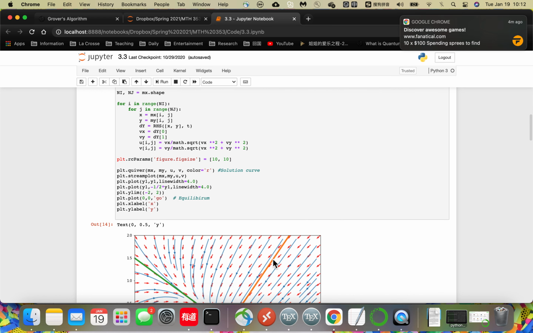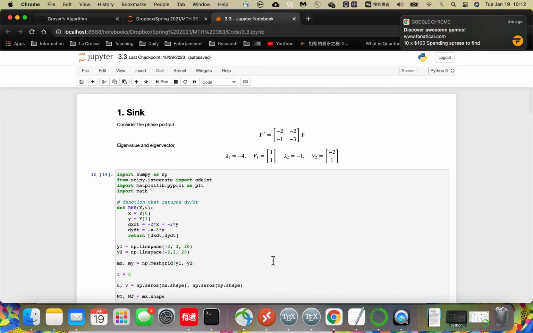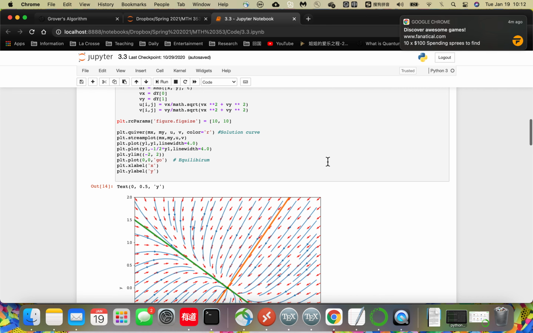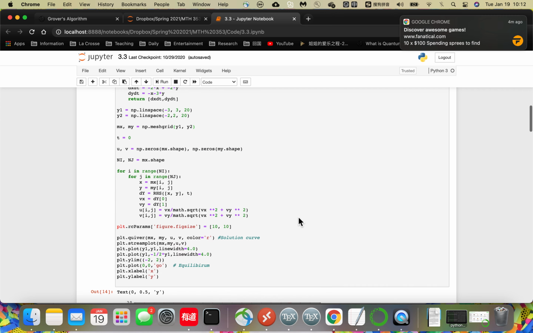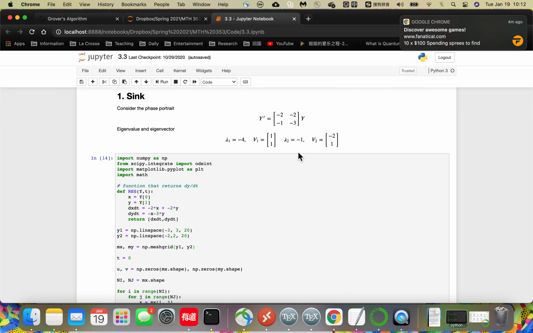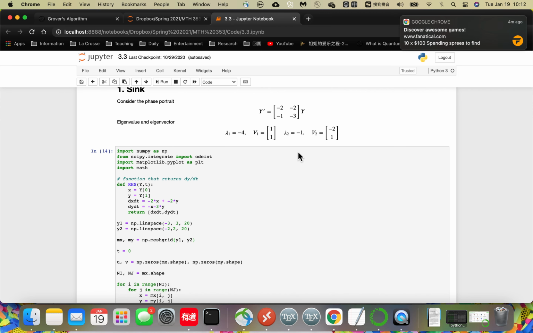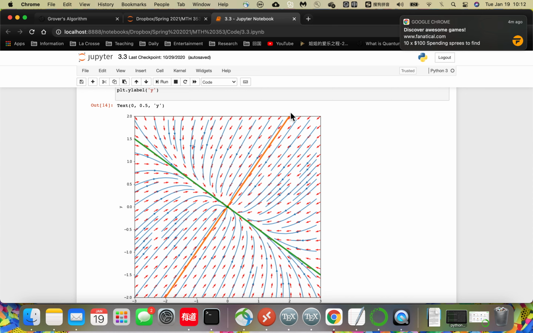Actually, you can see it from here. You have 1, 1 and negative 2, 1. 1, 1 is in the orange. Negative 2, 1 is going to be in the green. This 1, 1 has a negative 4 as eigenvalue. The green one has a negative 1. Therefore, negative 4 is bigger than negative 1 in terms of speed or absolute value.